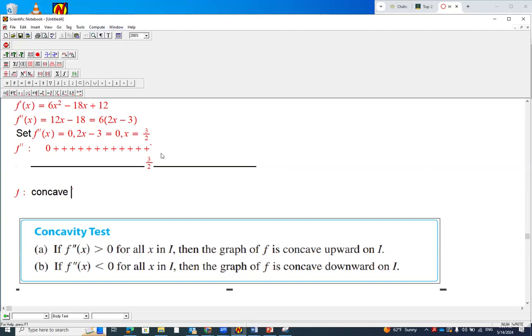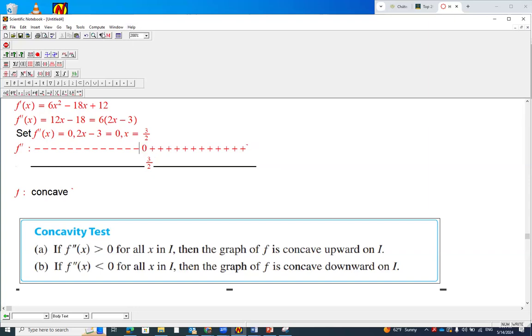Whoops, what did I do? Okay, this is a bunch of negative. I'm sorry, I deleted it by accident.